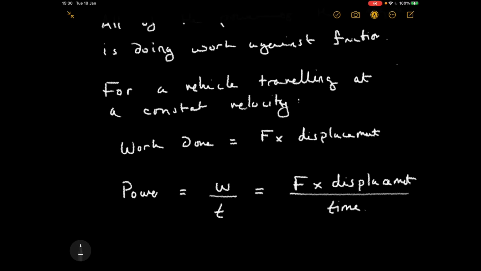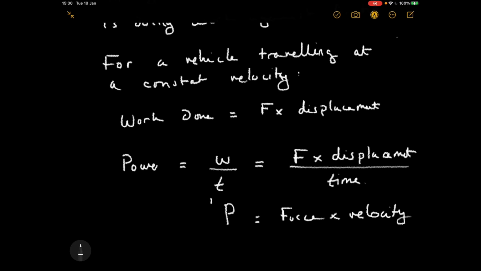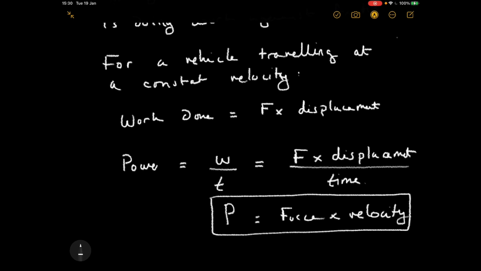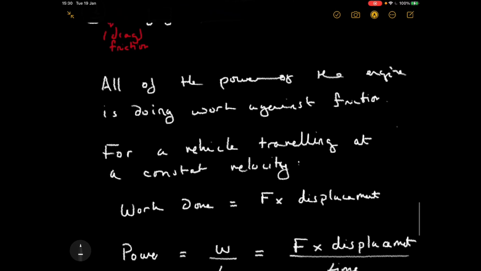Displacement over time, the rate of change of displacement, is the velocity, which actually gives us force times velocity. And this is a quite nice and important result that we can use if the car isn't accelerating. Because if the car's accelerating, we're also going to get an increase in kinetic energy, which we'd have to account for. But if we're traveling at a constant speed, well, this is what we can use.